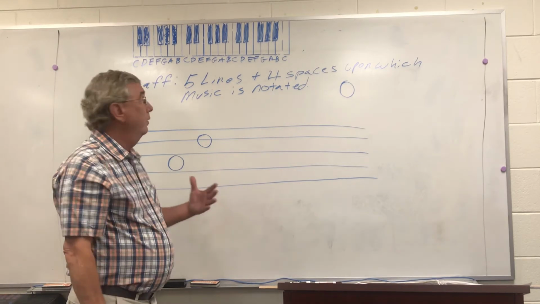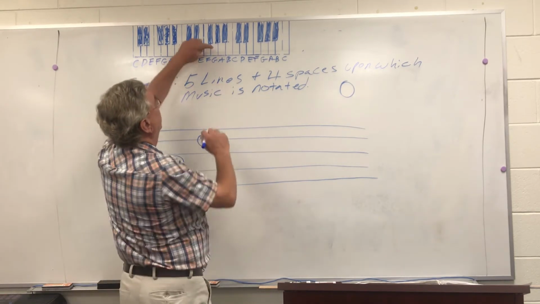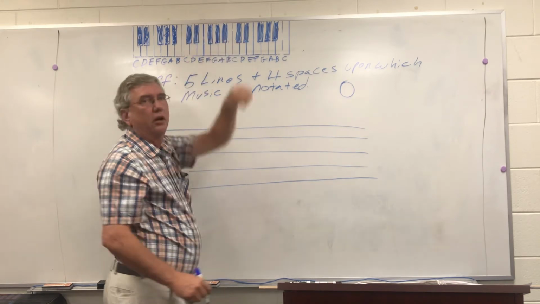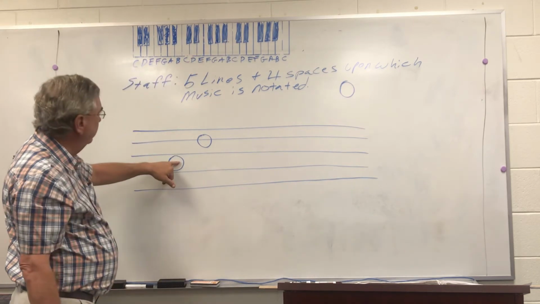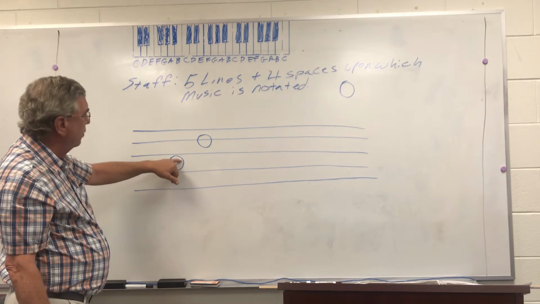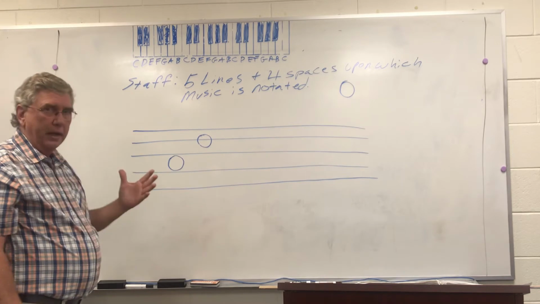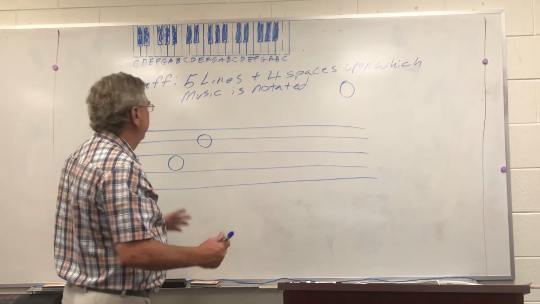So now, the first note I played was right here, that's called an A. The second note was right here, that's called a D. So when I see this note right here, I know it's an A. A note right here, I know it's a D. Now, I'm getting ahead of myself.